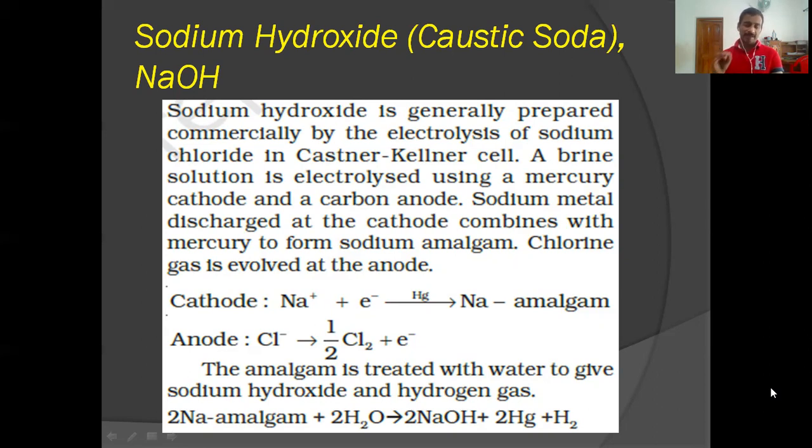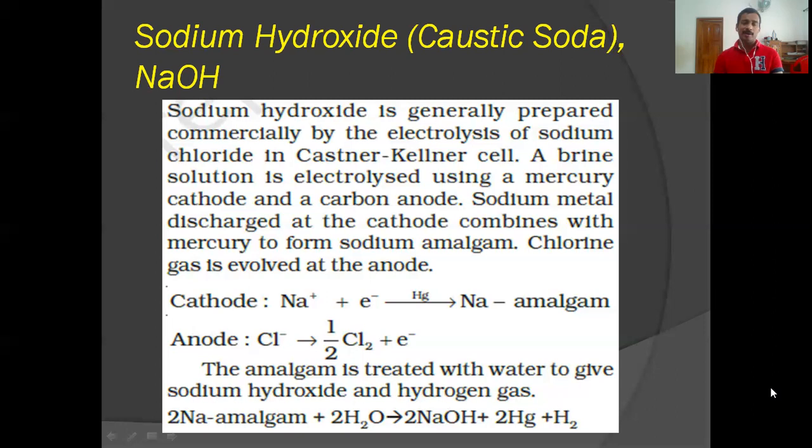That will move to the middle compartment, and in the middle compartment it will combine with the H2O. Actually, in the Castner-Kellner cell, there are three compartments, an outer compartment and an inner compartment. In the outer compartment, the sodium will form, and that moves to the middle compartment.